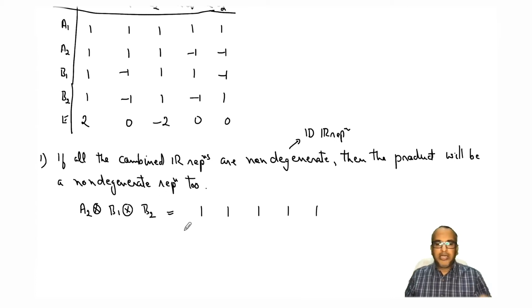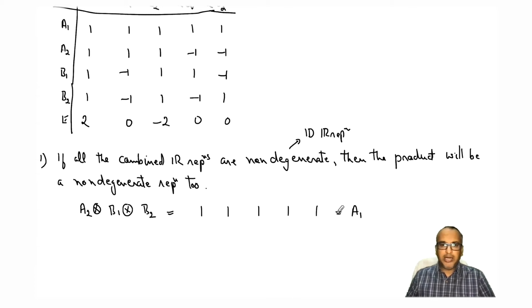So this gives rise to a 1D representation. All of these are non-degenerate representations. So any combination of non-degenerate or one-dimensional irreducible representations will give you a non-degenerate representation. So this gives me A1 directly, right?